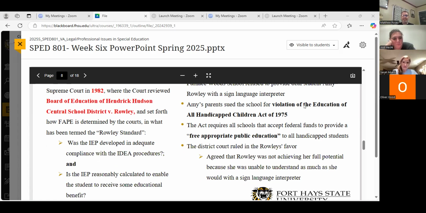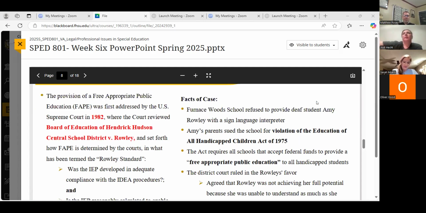So, the facts of the case. Furnace Wood School refused to provide deaf student Amy Rowley with a sign language interpreter. Amy's parents sued the school for violation of the Education for All Handicapped Children Act of 1975. That act requires schools that accept federal funds to provide FAPE to all handicapped students.